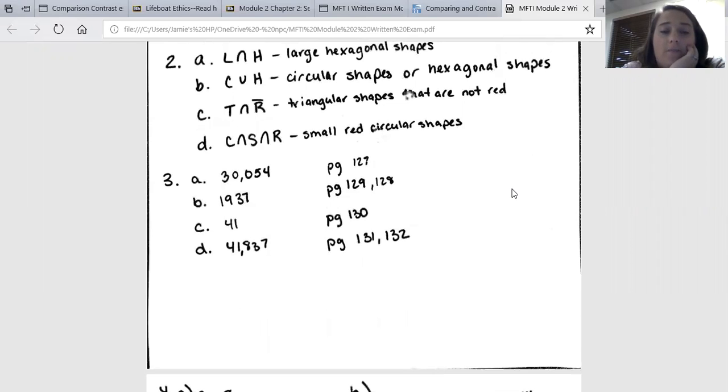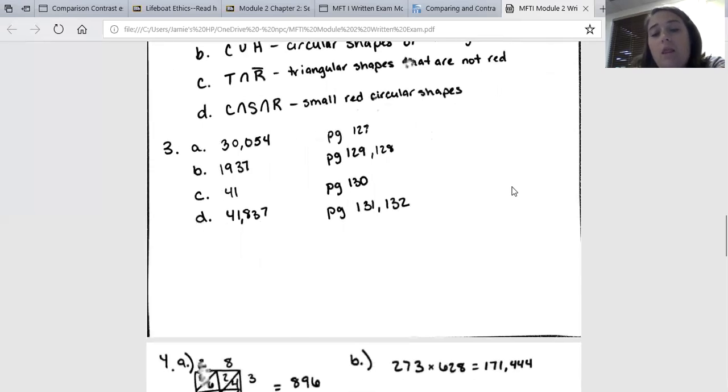And then D is C intersection S intersection R, and that means that it's describing small red circular shapes.